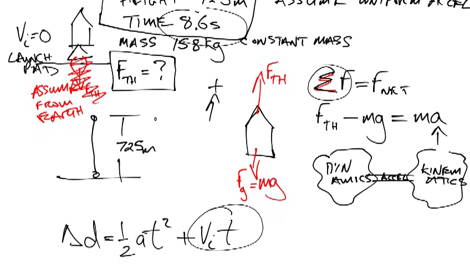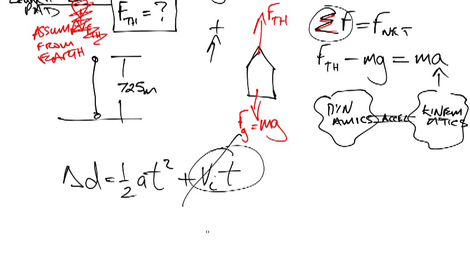So, if that's true, this term disappears. And we're looking here for the acceleration, because that's what's going to connect us to dynamics. Let's solve for the acceleration in this equation algebraically.